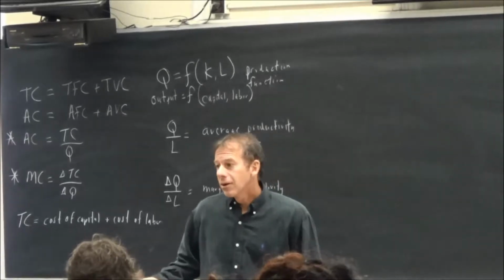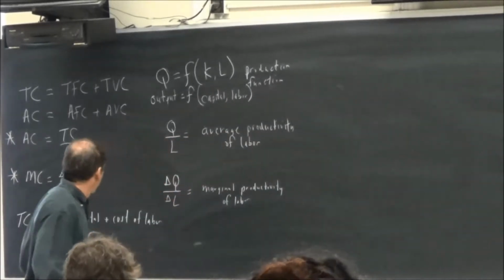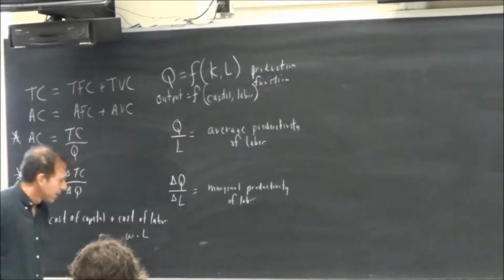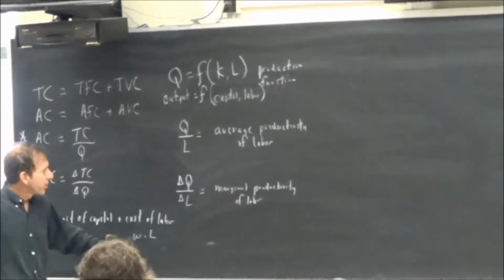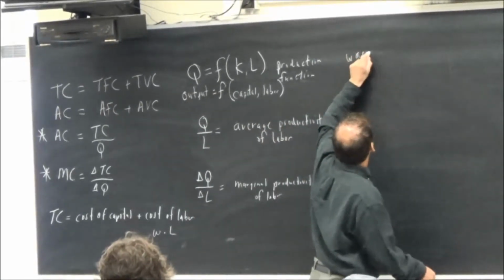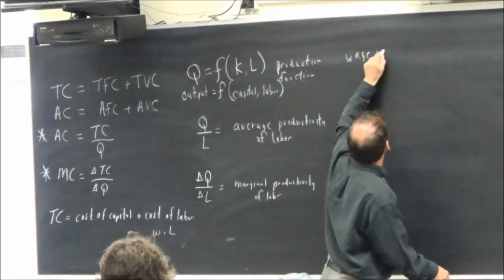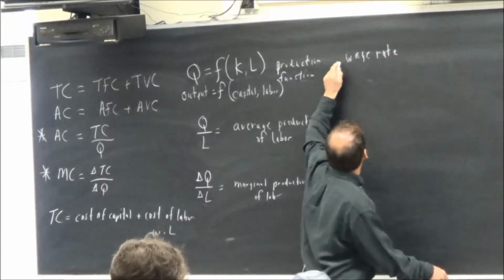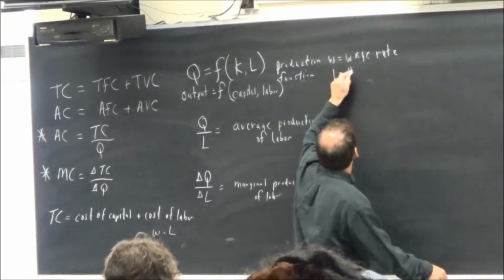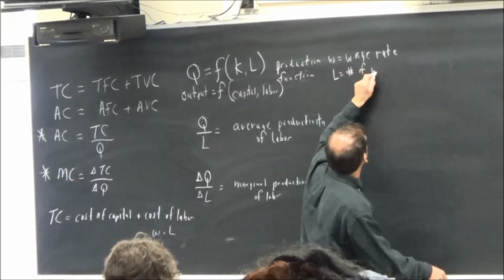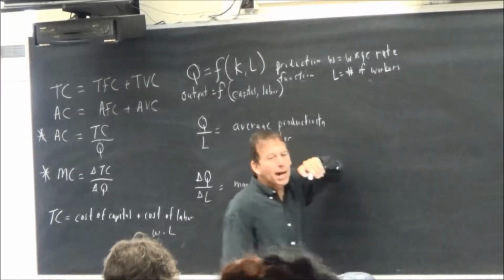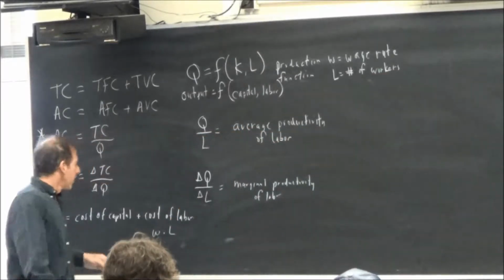How do you get that? Well, you take the wage rate times the number of people working. So W is your wage rate, and L is the number of workers, or you can put that in hours if you want, so worker hours.